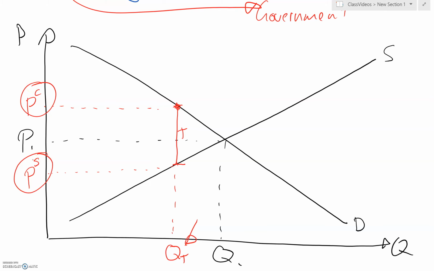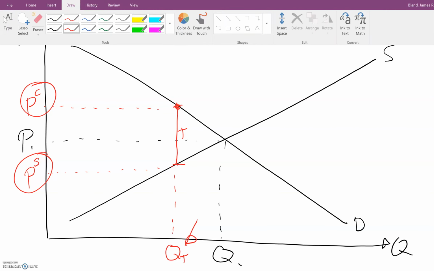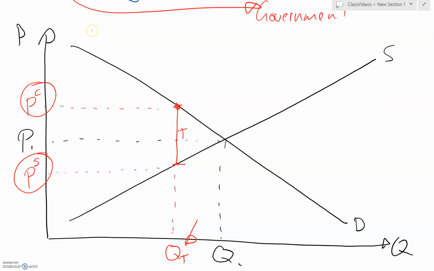Compared to the situation before the tax, consumers are paying more, and they're paying more by this much. This is how much the price consumers pay rises by.